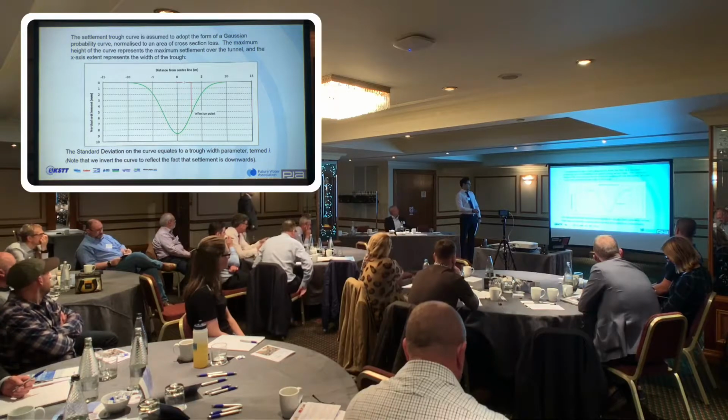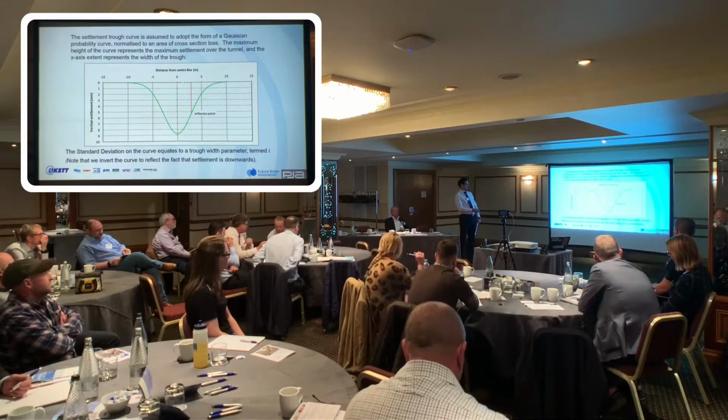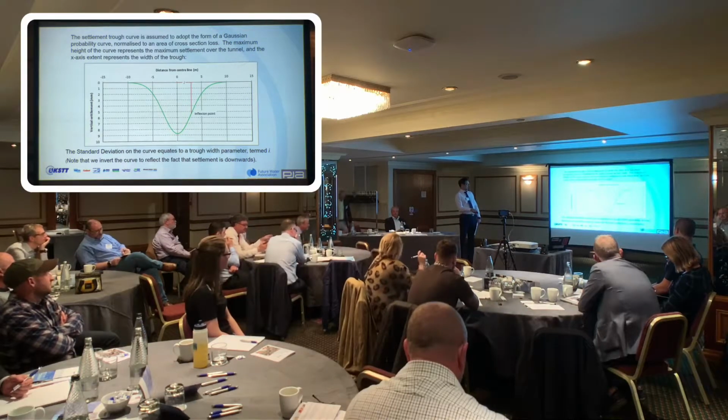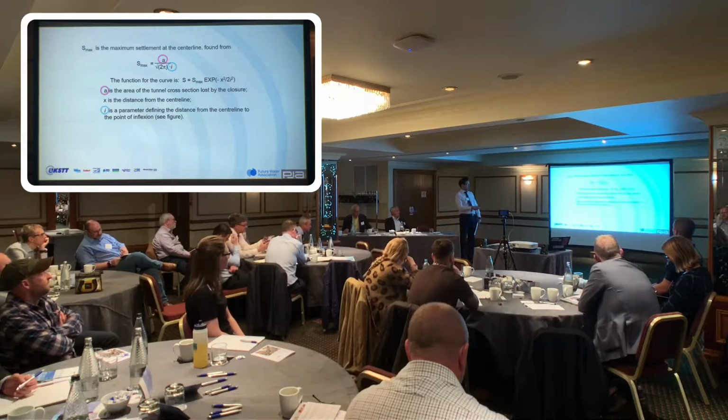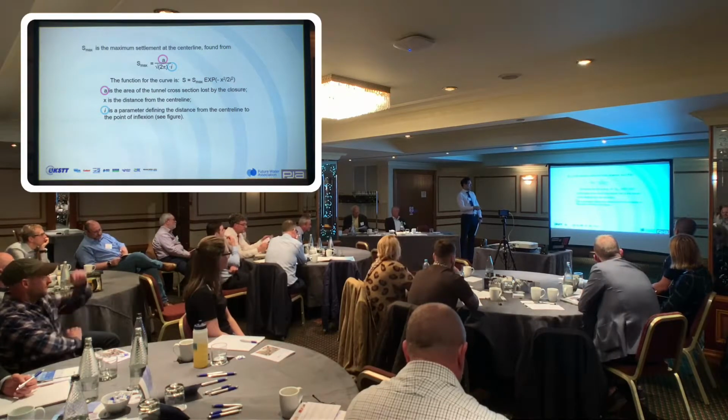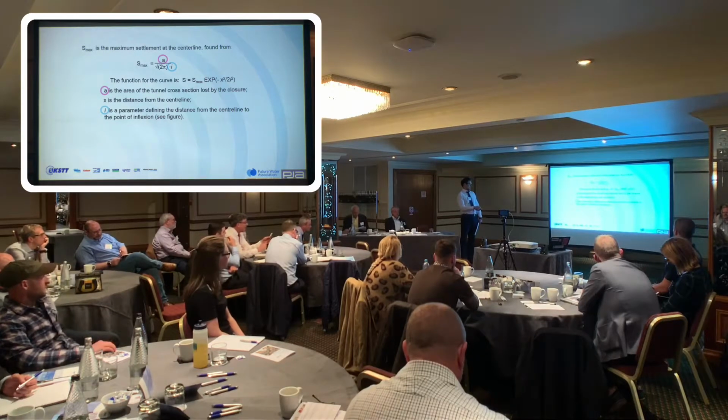The width of the curve of the settlement trough is often a very important factor to consider as well. And again, a bit more maths here on how we work out that. I won't dwell on that too much.